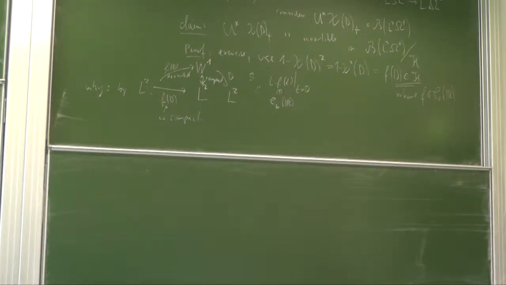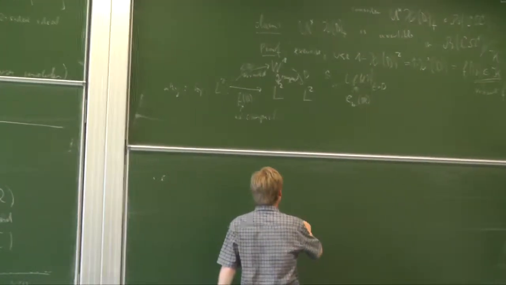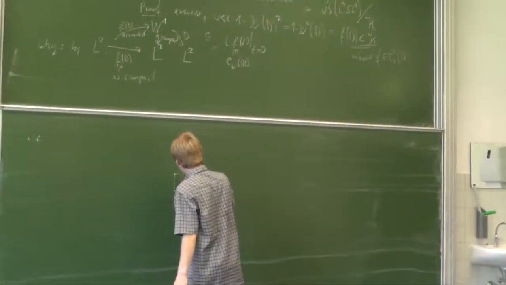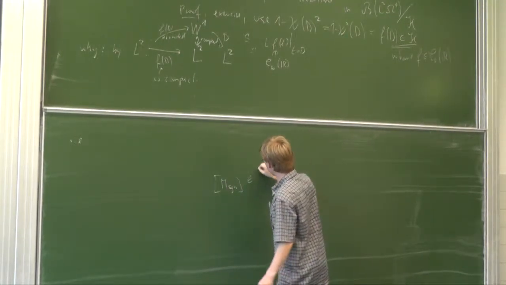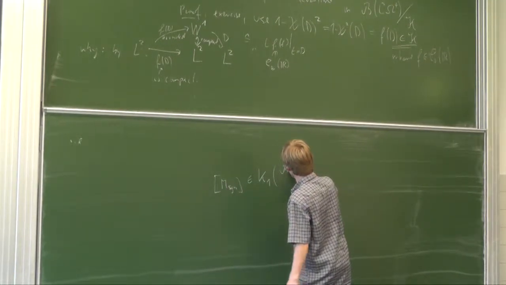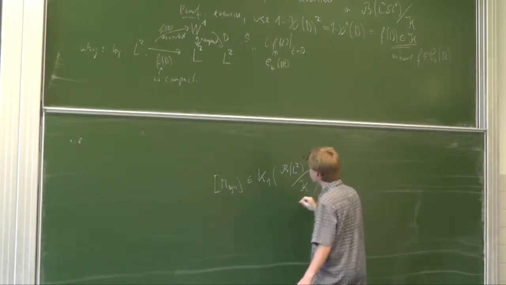And this means we get the class, we call this the signature function class of M inside K1 of bounded operators on L2 modulo compact operators.